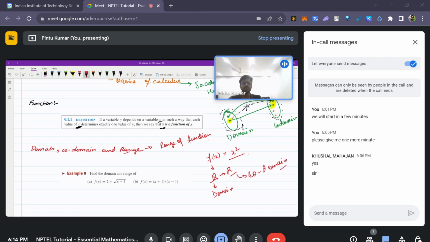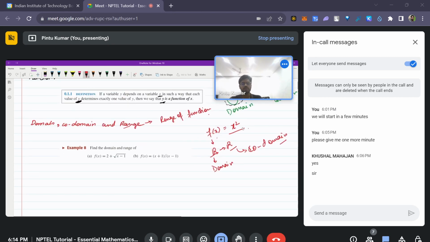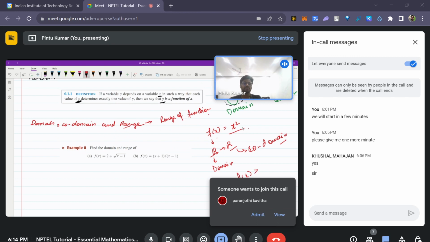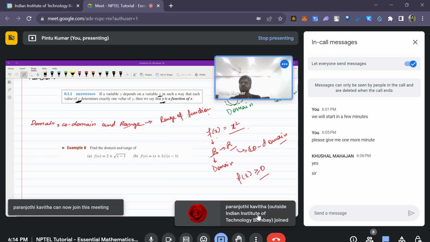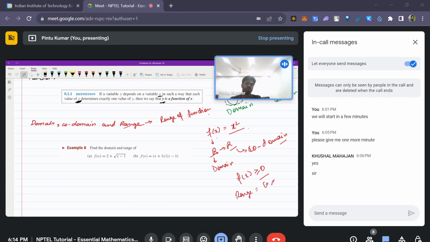Now if you look at the values that can be attained by this function, f of x equals x square, you will realize that f of x is always greater than or equal to 0, because the square of any number is always greater than or equal to 0. So your range space would be 0 to infinity. I hope this is clear for anybody for whom the definition of function, domain, codomain and range was not clear.